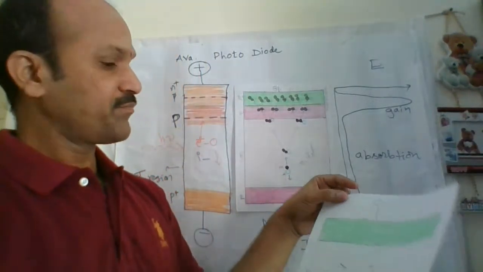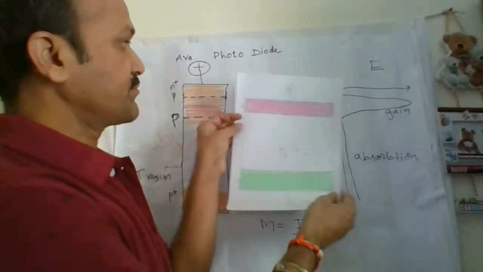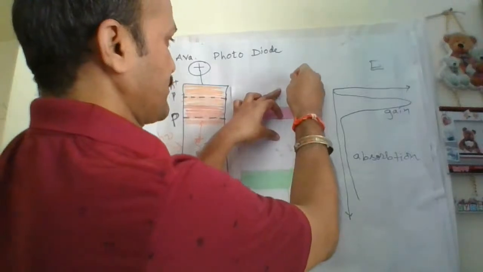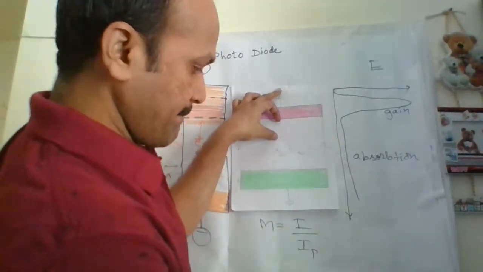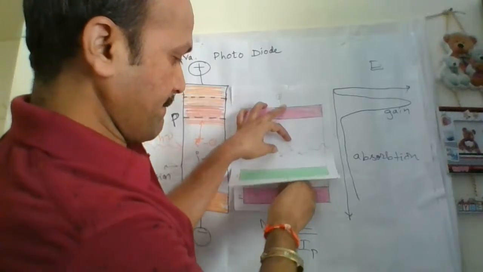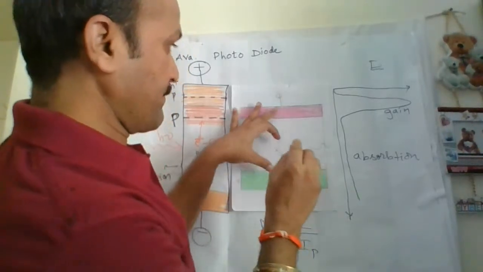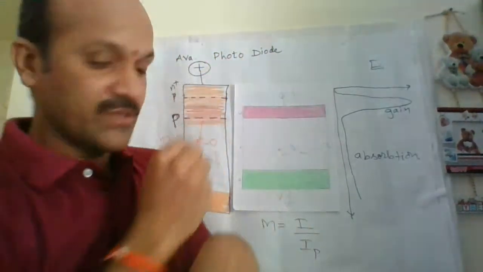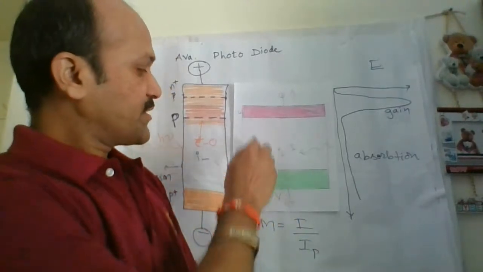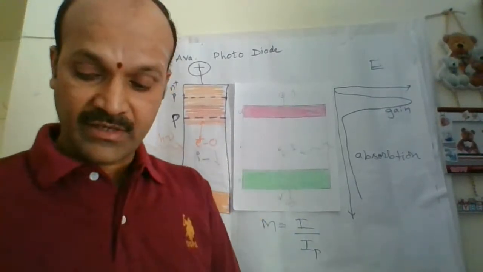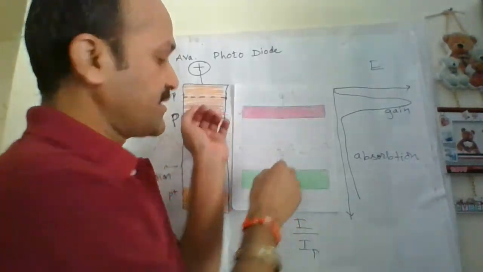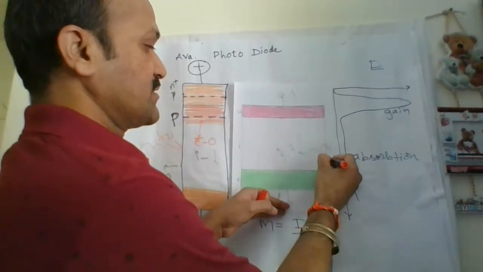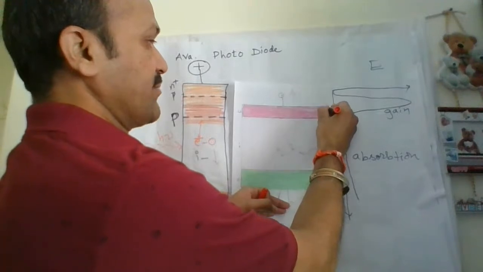See here, this is P-type material, here we take the intrinsic region, and this is N-type material.